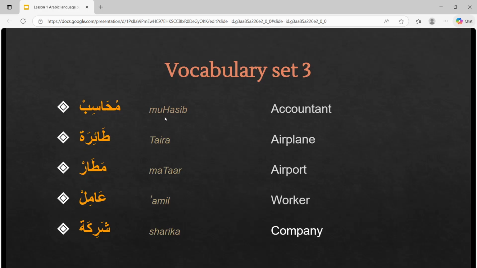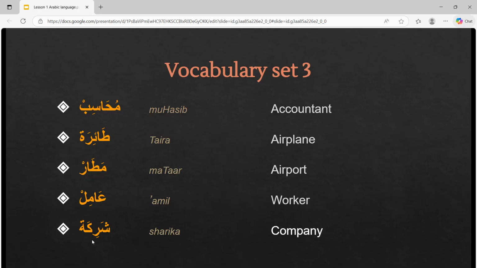محاسب is an accountant. طائرة, airplane. مطار, airport. Again, these are transliterations, okay? The same pronunciation as this Arabic here. So matar, we said, is airport. عامل, worker.